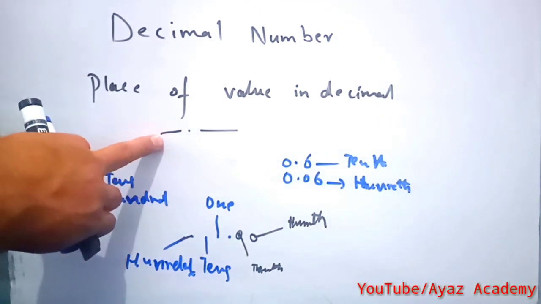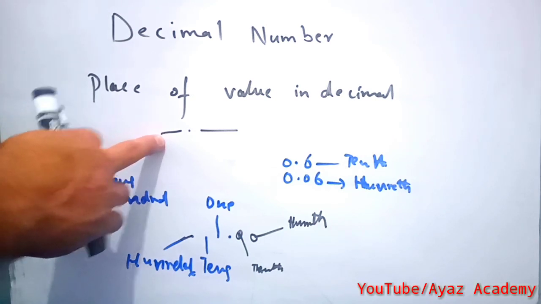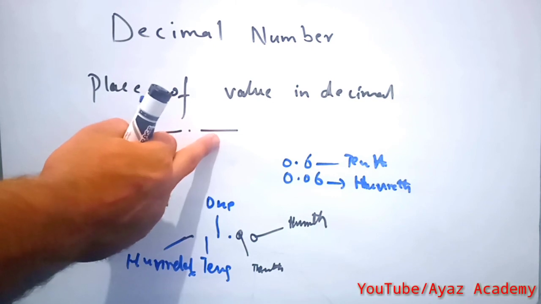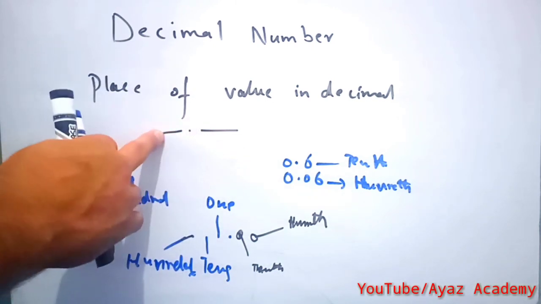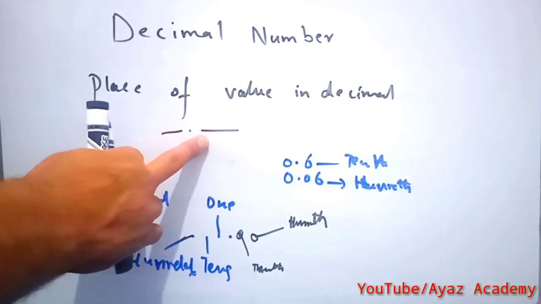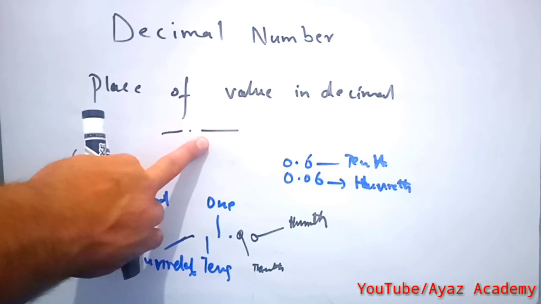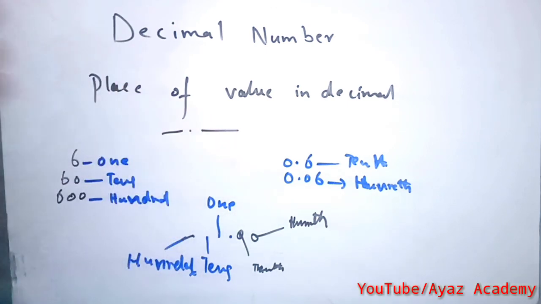To the left of the decimal point is the whole number part, so this will be greater than 1, and the right will be less than 1. The first number in the whole part is called ones, second is tens, third is hundreds. And here the first number is tenth, second number is hundredth. Okay, so these are the place values in a decimal number.